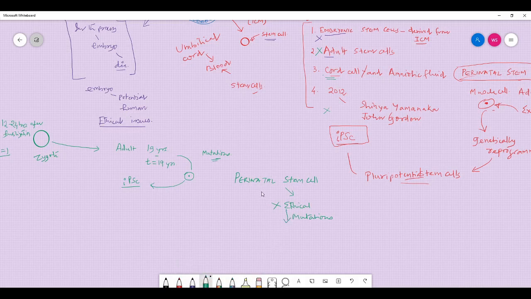But what's the problem? Suppose I want a perinatal stem cell, but my cord cell has not been stored. So it is not an option for me. It's only an option for people who have stored their cord cell.